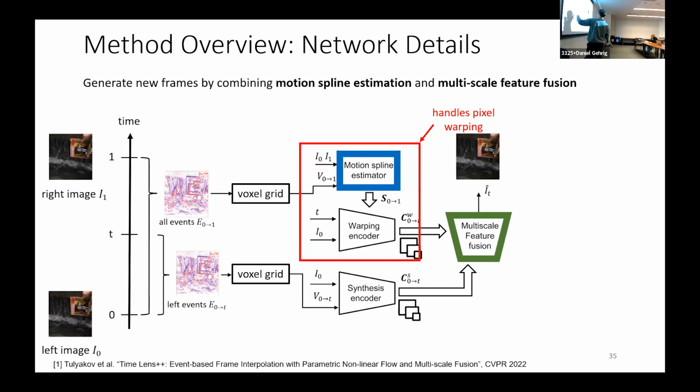Then there's a second branch which uses the image and events together, as if they were just added together, directly incorporating the change measurements into the image to get the features. Then both of these features are fused and decoded into the output of the network.